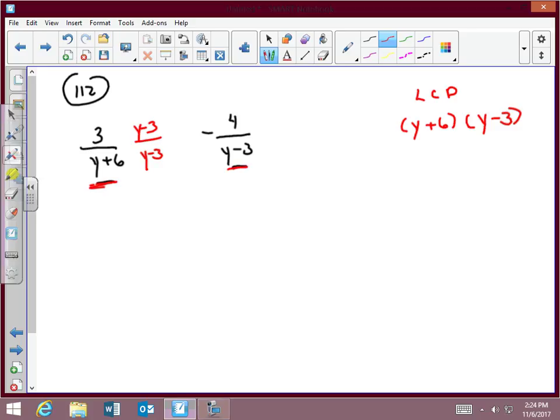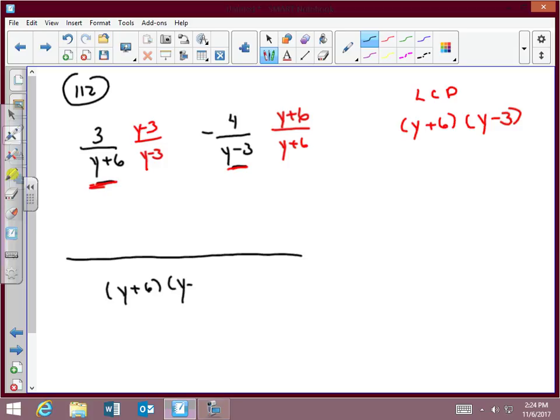Compare it to this one, what are you lacking? Y plus 6. Y plus 6. Now what is your least common denominator? Y plus 6, y minus 3. Notice that both denominators have that in it.